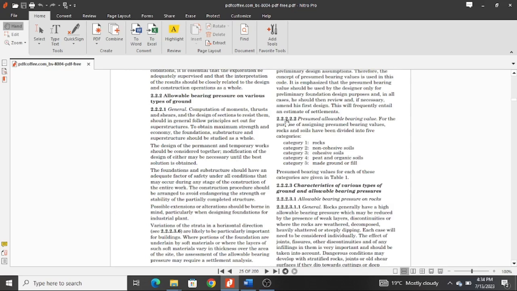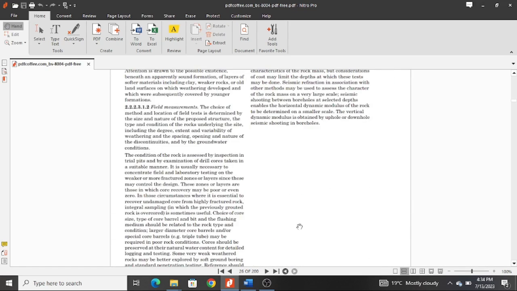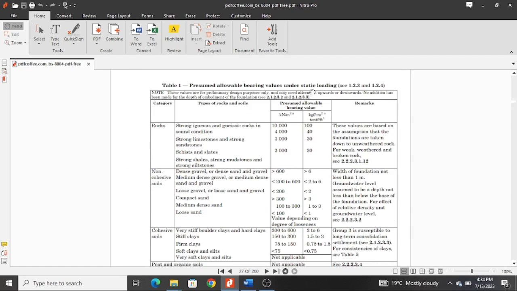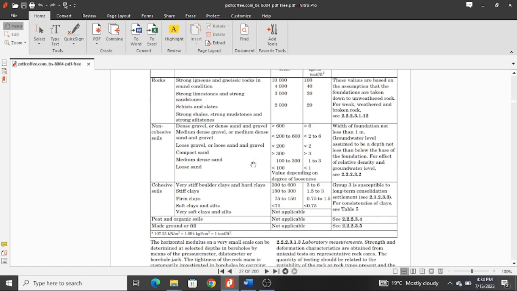And then you have a lot of information here on how you are going to determine this. But my main consideration was this table: presumed allowable bearing values under static loading. And remember, this is under static loading. So when you have dynamic loading, that will necessitate that you carry out the actual test to determine the bearing capacity.